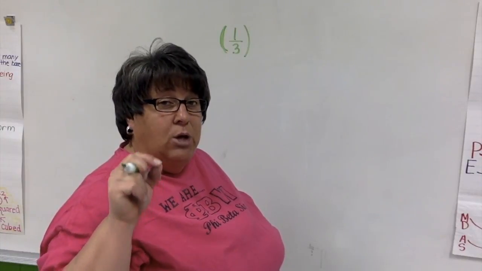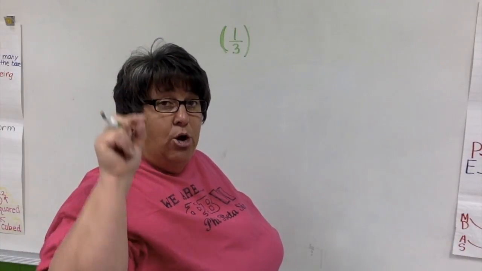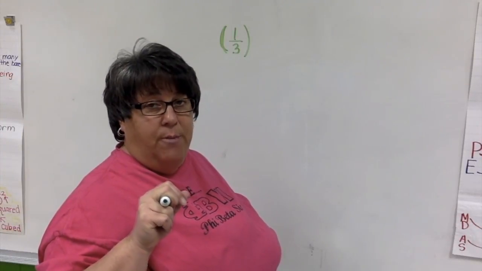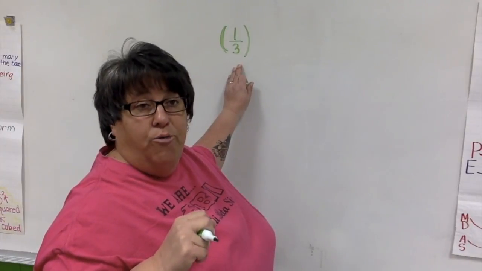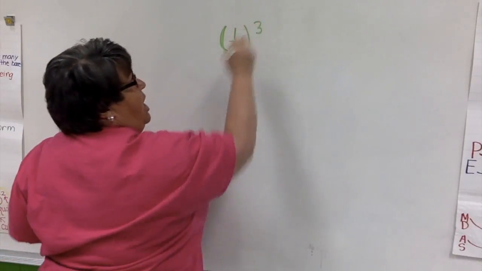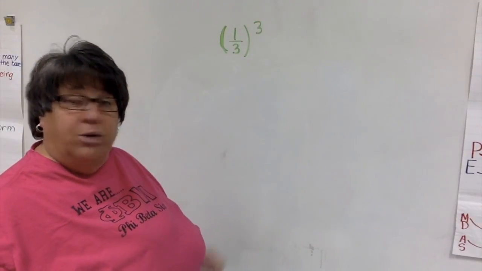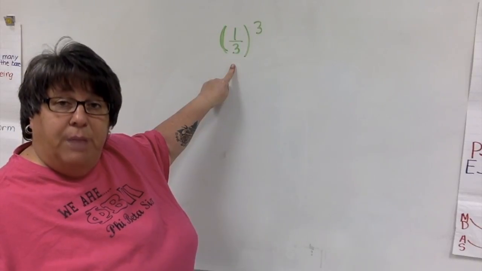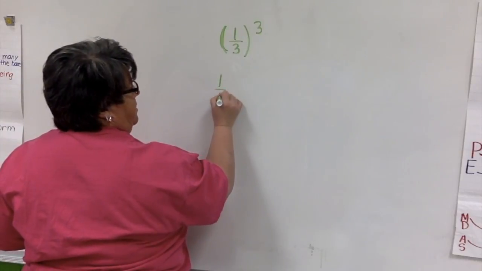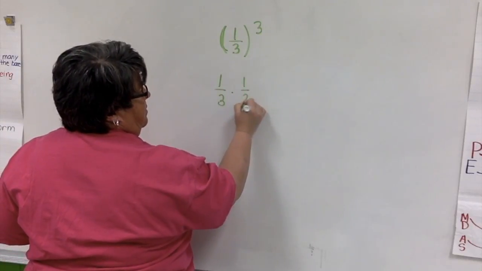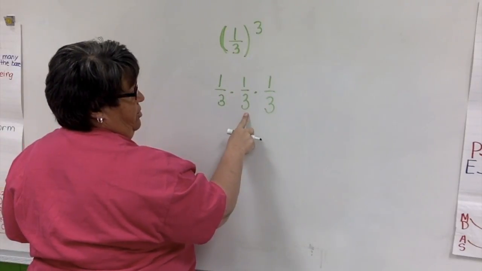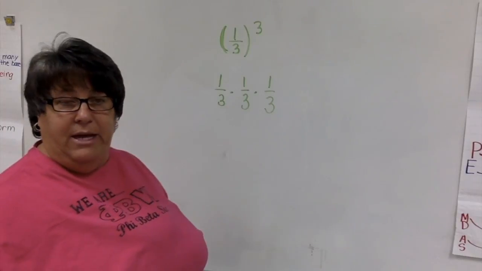If the exponent is only sitting by the numerator or by the denominator, then you have to work individually with the numerator or the denominator. But in this case, we're going to use the whole fraction. So we're taking 1/3 and we're taking it to the power of 3. That means that we're taking 1/3 and multiplying it by itself 3 times. So 1/3 times 1/3 times 1/3 in expanded form.